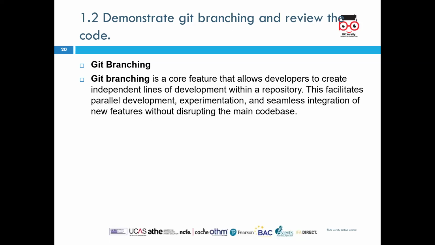This facilitates parallel development, experimentation, and seamless integration of new features without disrupting the main code base. So we're working on new features, and this code does not affect the other lines of our code, and they can easily be tested.